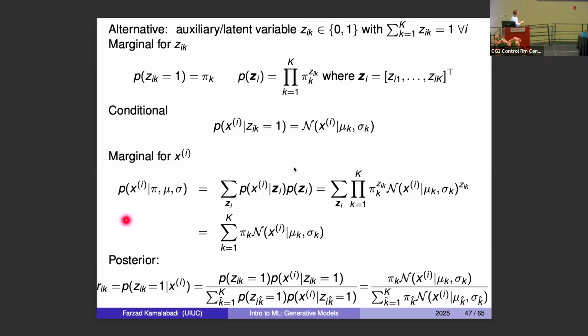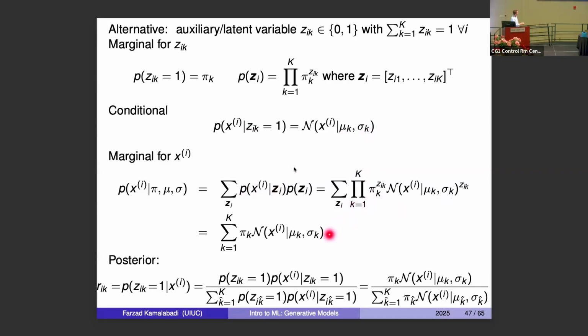The marginal, we can write in this fashion, and then we can expand it by the fact that this corresponds to the conditional times the marginal, and we just replace it. Remember, P of z has this product. I'll just put it here for this term. And the first one, the conditional, essentially the posterior, has this form, and I'm going to replace it over here.